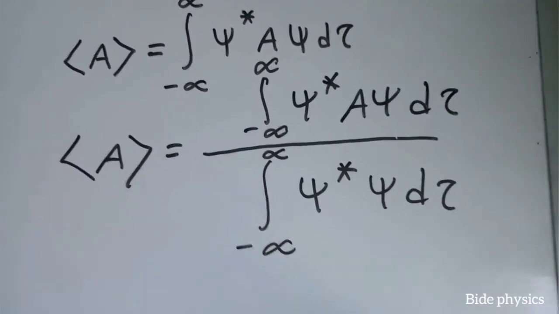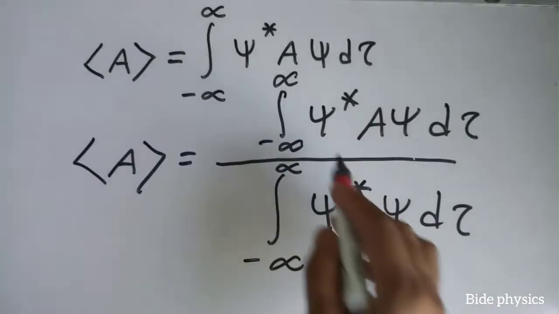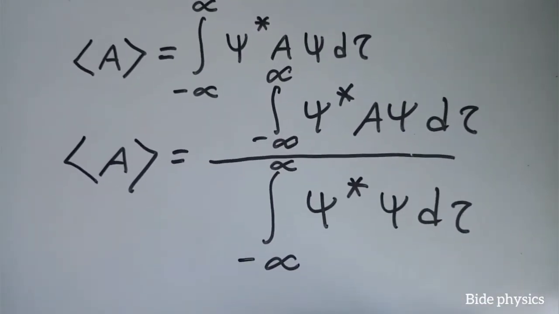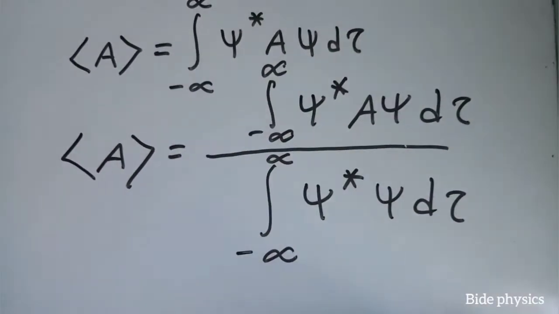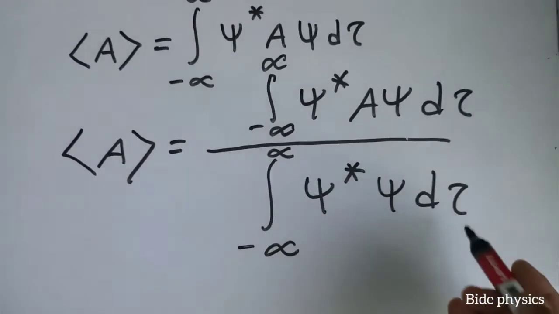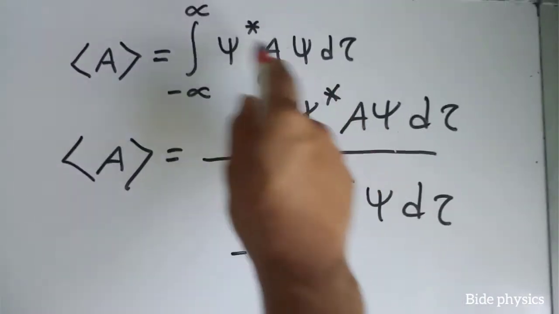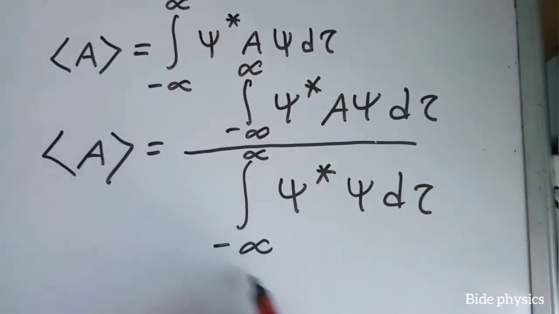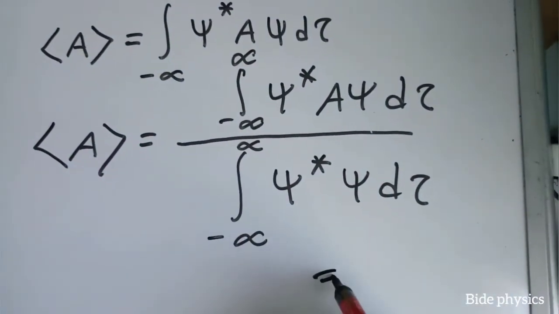So when the wave function psi is not normalized, we have to divide this term by the normalization factor.